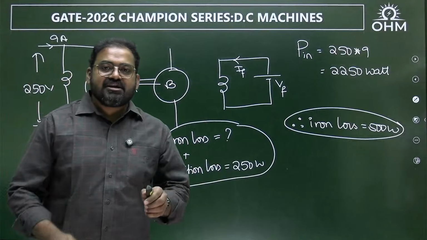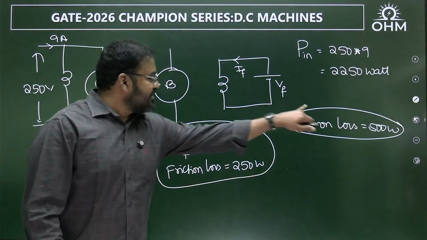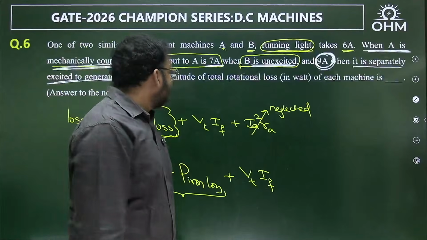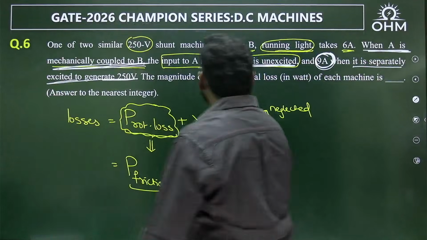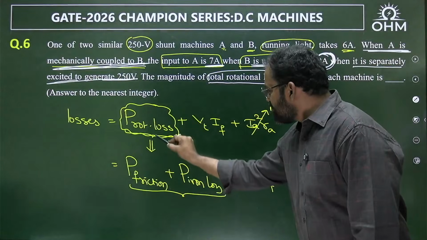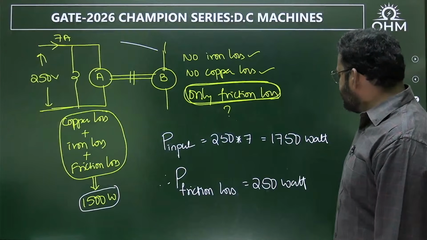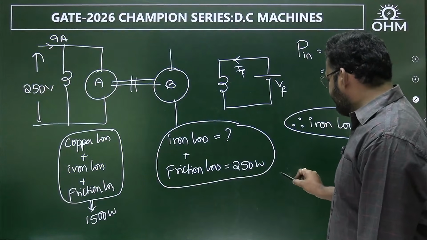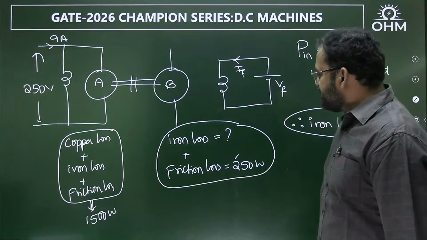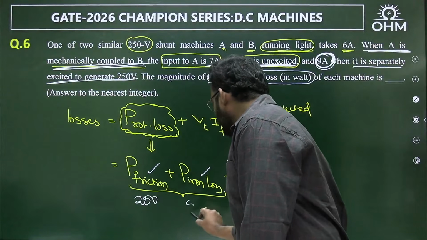Now, you understand in each machine what is the friction loss? 250. What is iron loss? 500. Then can you tell me what is the rotational loss of each machine? I told you what is meant by rotational loss. Rotational loss is the combination of friction and iron loss. Friction loss is 250, iron loss is 500.